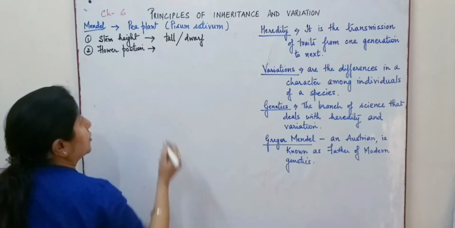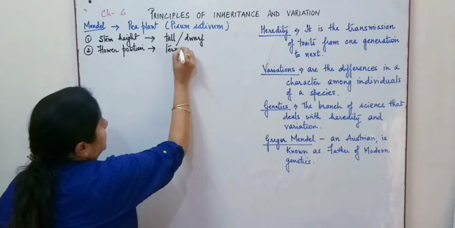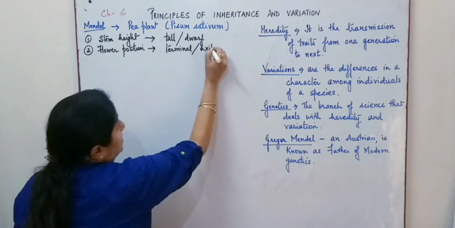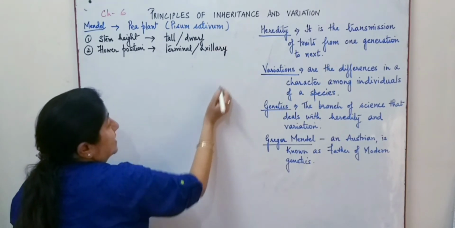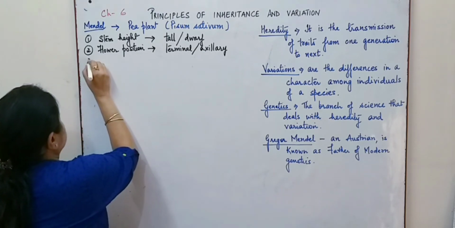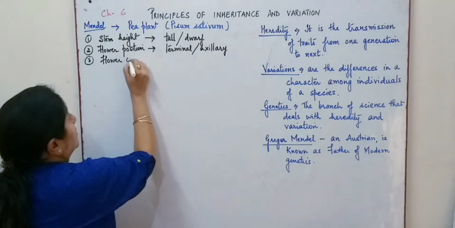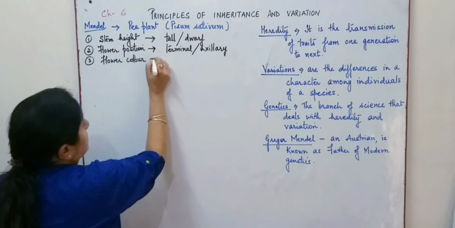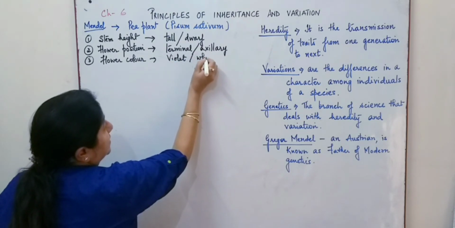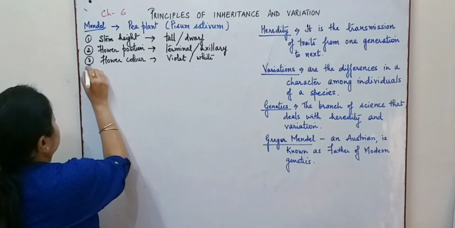The flower was placed either terminal, that means at the tip, or at the axillary position, that means at the side where the axil is. Then flower color. The color of the flower was very contrasting, that means either violet or white. So again, a contrasting nature of the color of the flower.